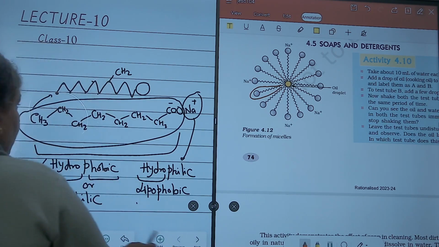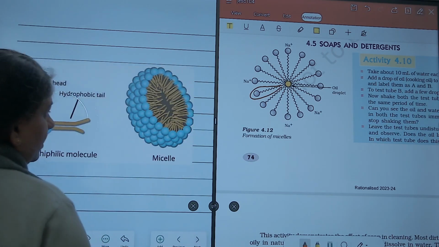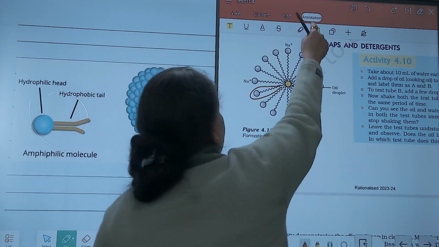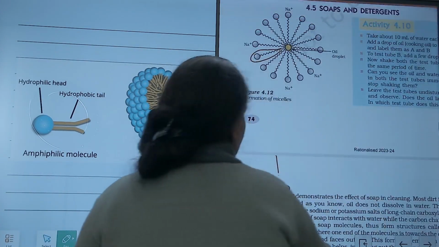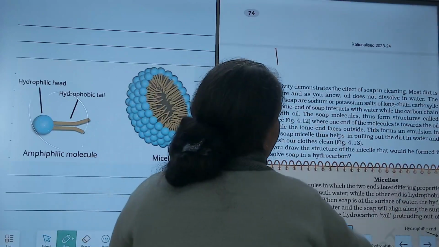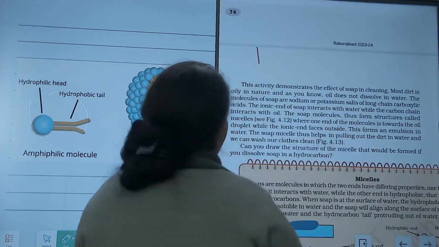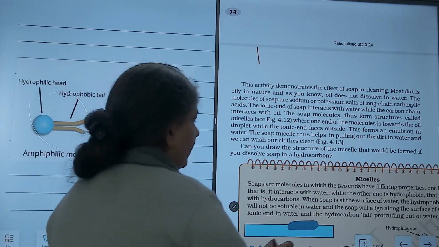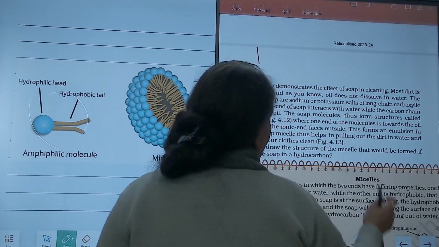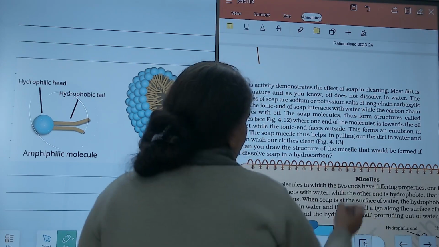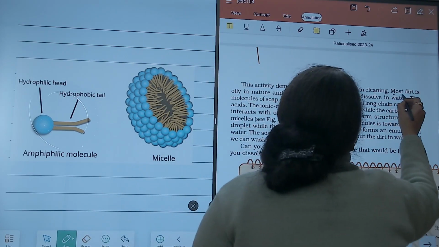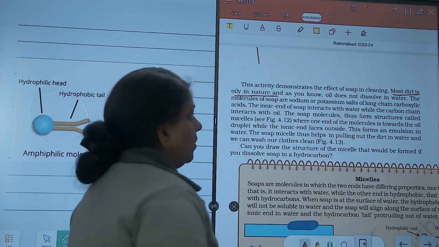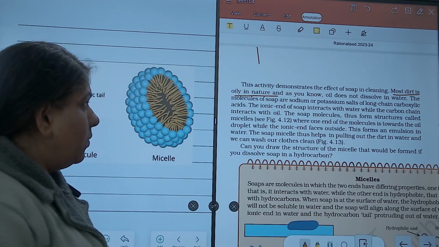Next we come to micelle formation. See, most dirt is oily in nature. There are keywords that you must always remember while writing your answer. One important thing is, most dirt is oily in nature, and you know oil does not dissolve in water.